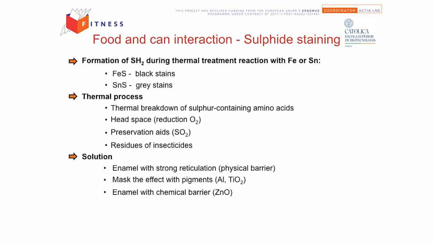So typically there is a lacquer or coating or an enamel with a strong reticulation capacity, or we have some kind of pigments in the lacquer that prevent the consumer from seeing these spots, and these are typically the solutions, the approaches that are used to avoid this problem.